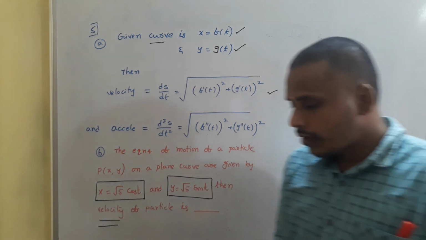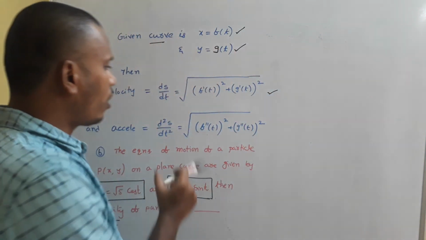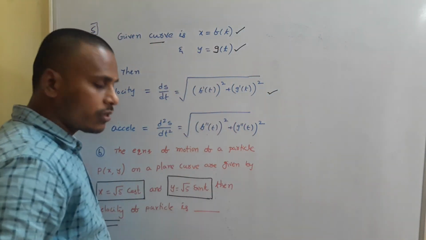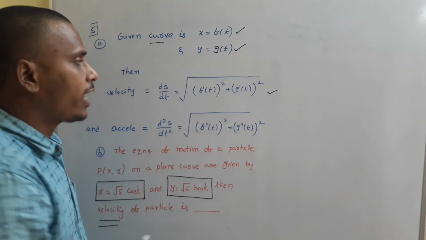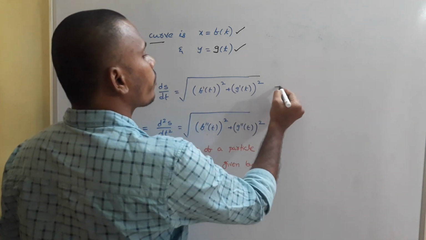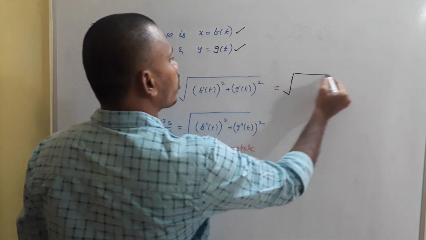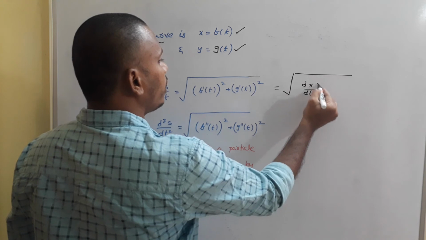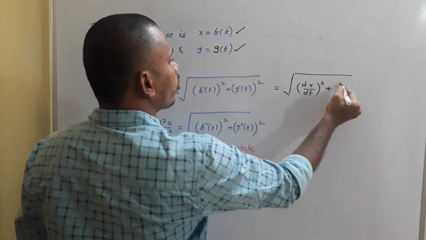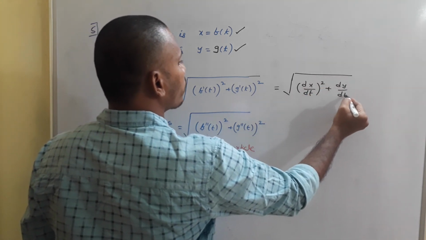Then in this case, velocity is given by the formula root of f dash t whole square plus g dash of t whole square. f dash of t means the derivative of x with respect to t, which I also write as dx by dt, and g dash of t is the derivative of y with respect to t.